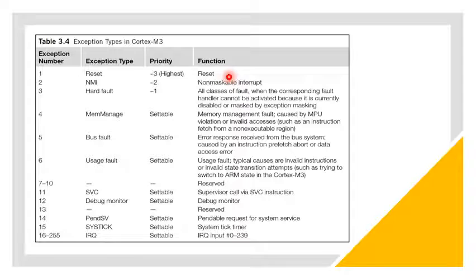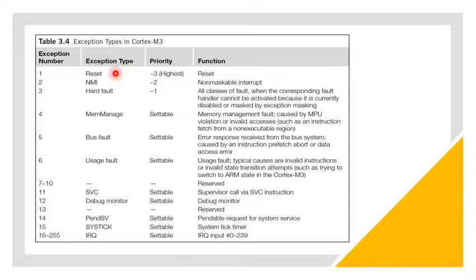So what is its function? It will reset the entire Cortex M3, or the processor. Whenever I use the term processor, always remember that it is for Cortex M3. So when can it happen? Suppose you are not able to shut down the system, or if the mobile hangs up.